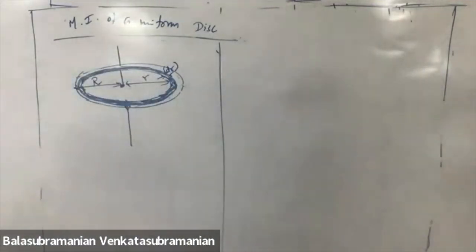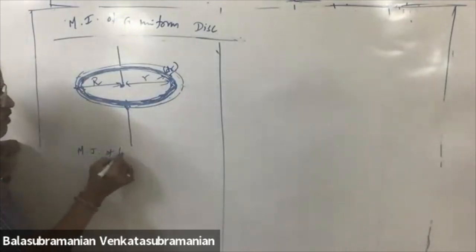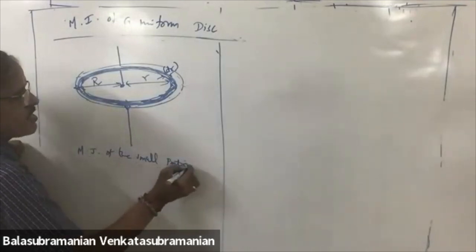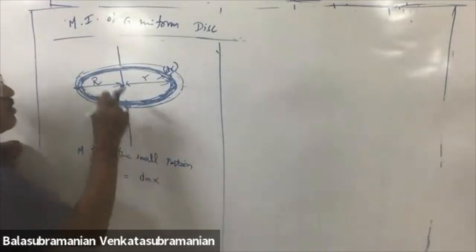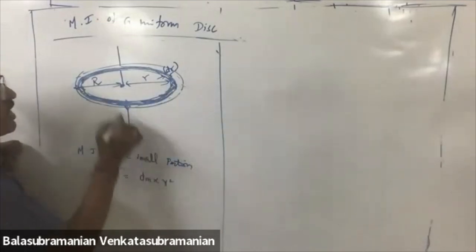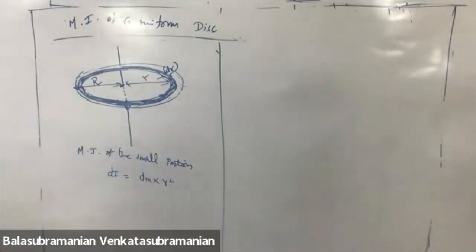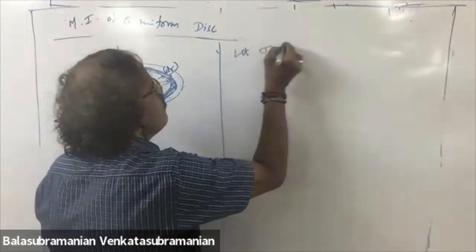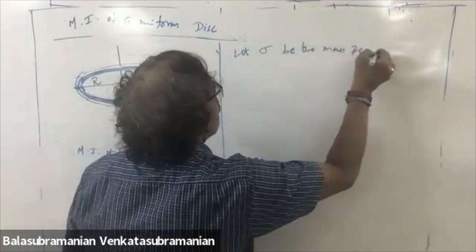But the basic formula, moment of inertia of the small portion, as usual, what is the formula? dI is equal to dm into distance from the axis of rotation, that is small r square. Here, sigma be the mass per unit area.